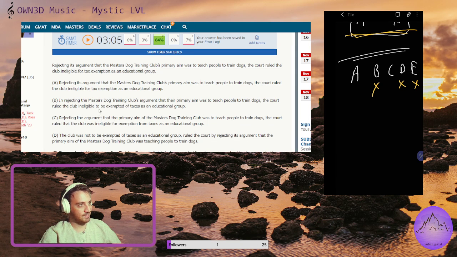And so then I came back to just A versus C, and A versus C has two differences: "rejecting its argument" and "rejecting the argument." So, rejecting its argument that the Masters Dog Training Club's primary aim was to teach people to train dogs, the court ruled the club ineligible for tax exemption as an educational group. And then the second big difference is "for tax exemption as" versus "for exemption from taxes as."